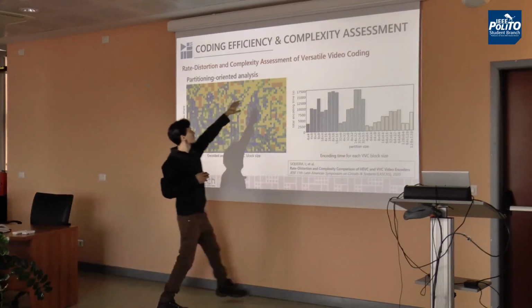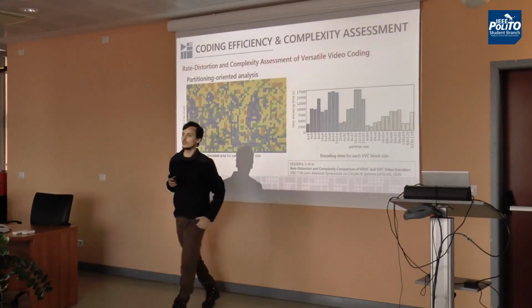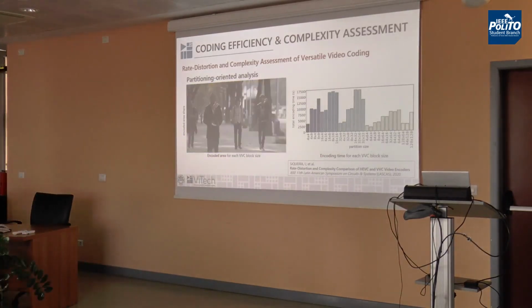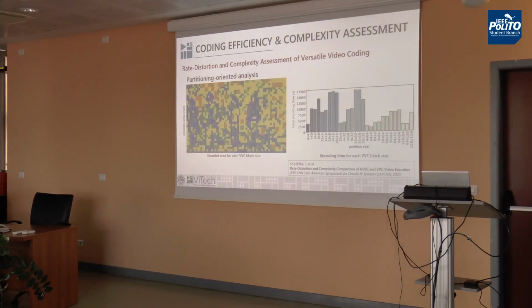Those colors represent larger blocks. Maybe in this case it's not a really simple texture, but there's no motion, so probably it's just copying the block from the previous frame. So there is some information in the image that we can use to anticipate some sort of decisions.